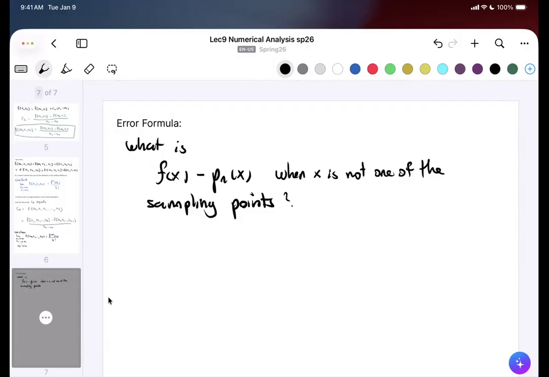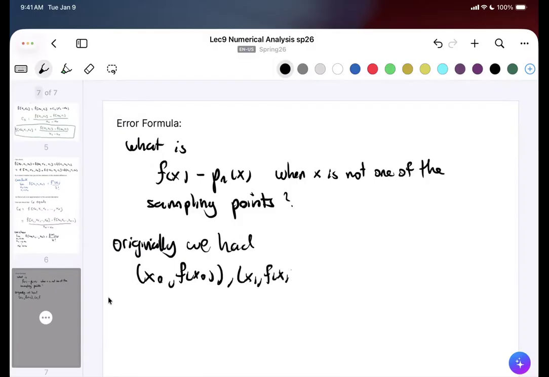So the trick is to imagine that originally we had x0, f of x0, x1, f of x1, up to xn, f of xn.